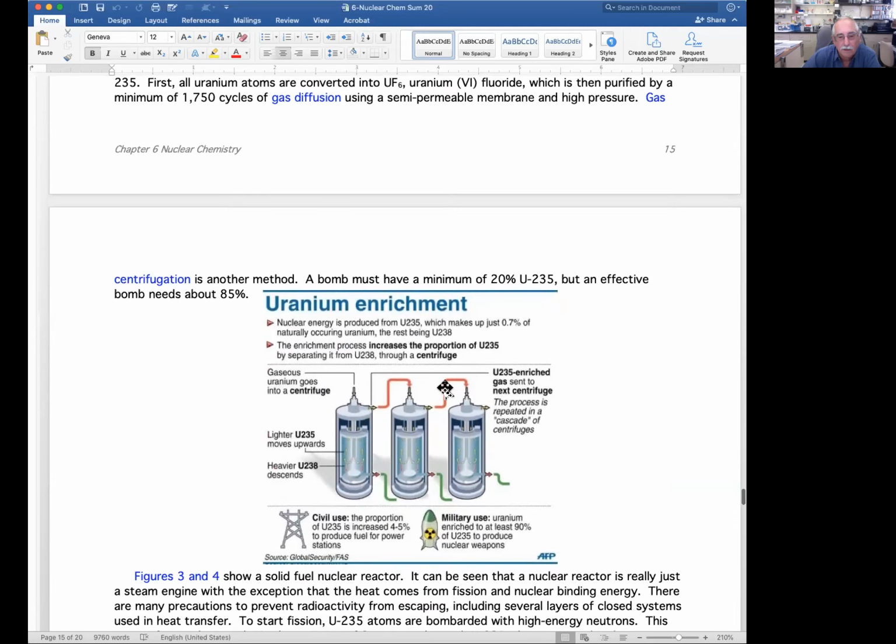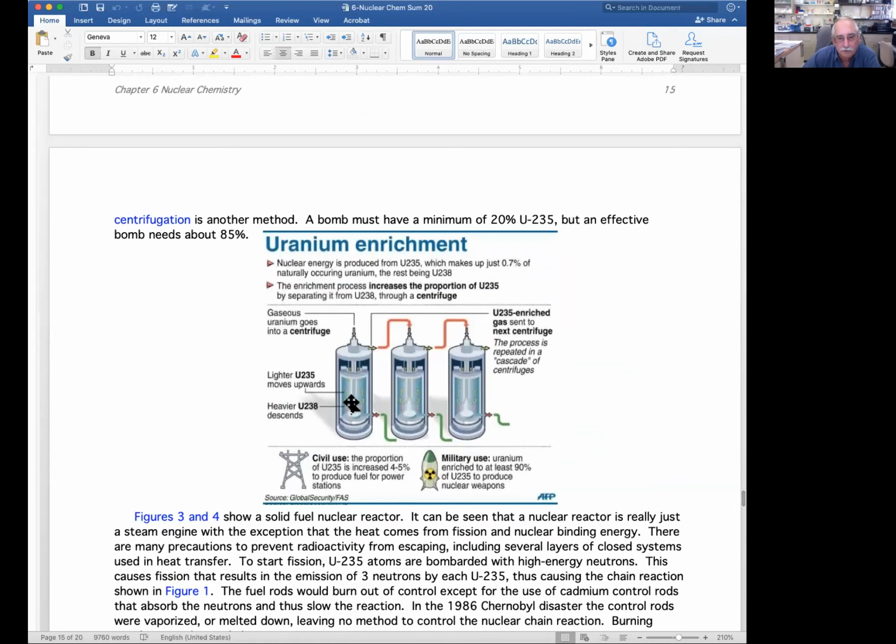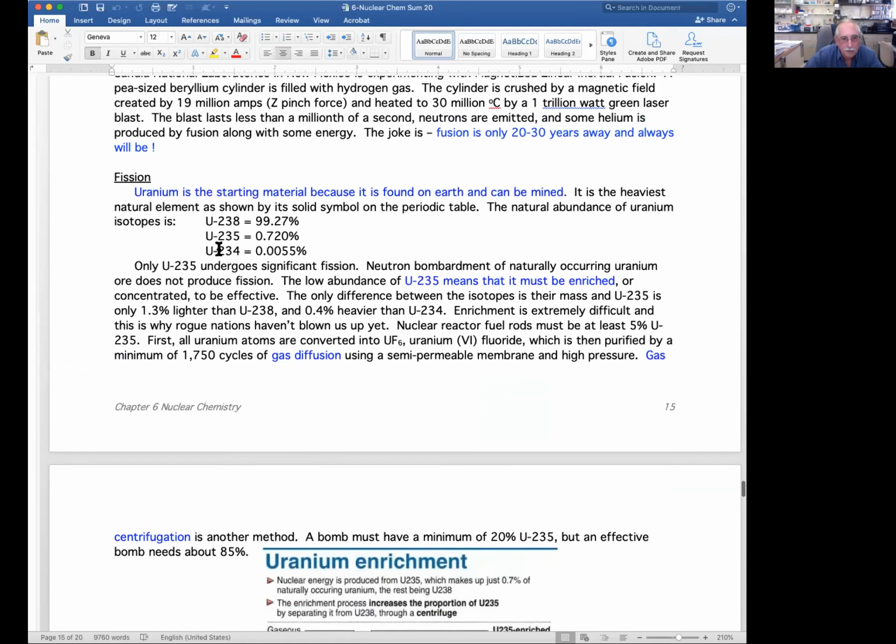And so these are gas centrifuge tubes. These things are spinning, causing a huge increase in the gravitational field. So what you find is that uranium-238 will centrifuge faster than the other ones.